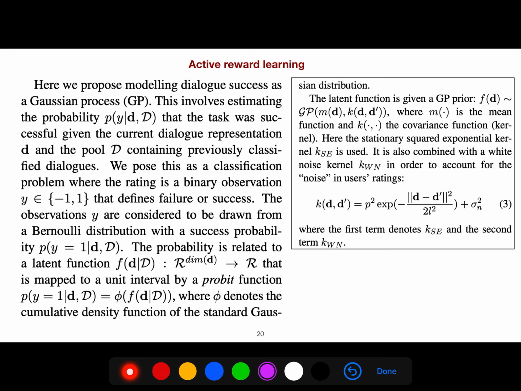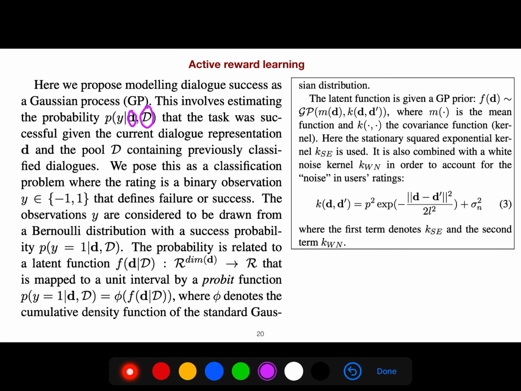Here we propose modeling dialogue success as a Gaussian process. This involves estimating the probability of Y given your D, which is your dialogue representation, and of course capital D contains the pool of all of these dialogues, including the previous dialogues as well.